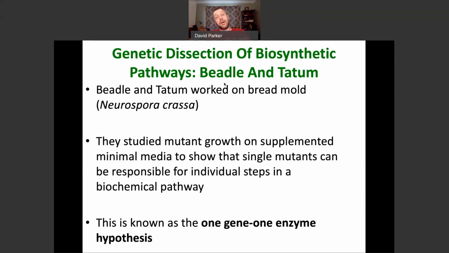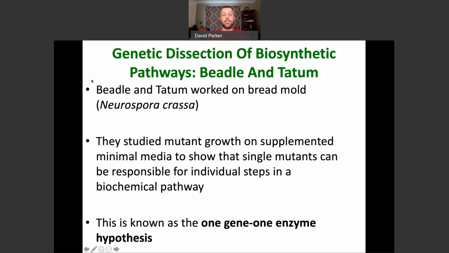So this was originally done by Beadle and Tatum, these two scientists. They were actually looking at bread mold, because, why not? And they were looking at requirements for bread mold to grow, basically. And they looked at some biosynthetic pathways in this organism.